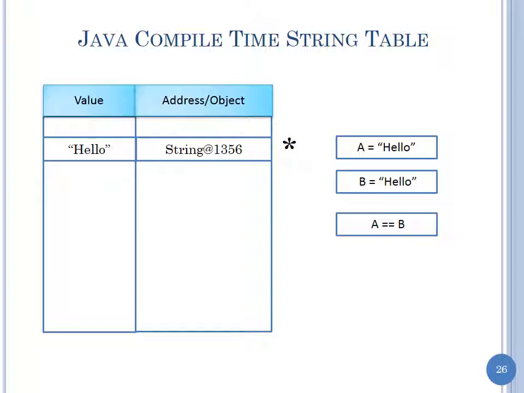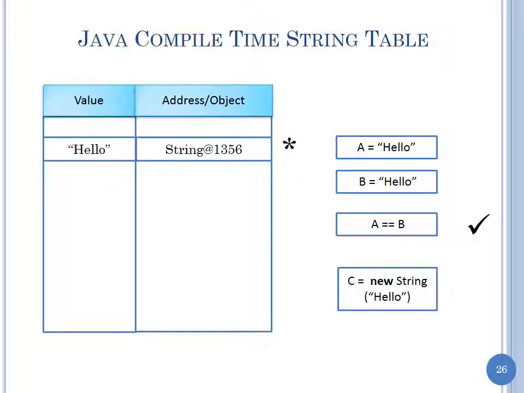So that's another reason for using named constants. You can just use the double equals, which is faster. But in this case, it'll return true. Okay. And even the equals in string is going to first check whether it's the same reference, and then go and do a string comparison. So even your equals will become faster if they happen to share the same address. Okay? So this is why a table like this is useful.